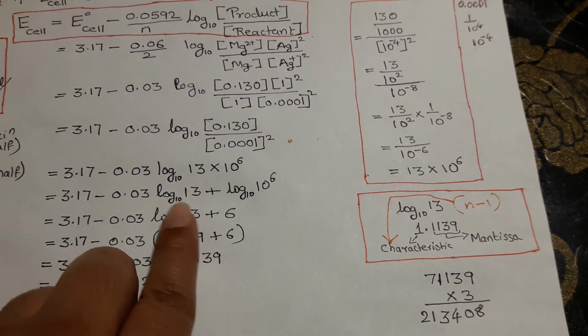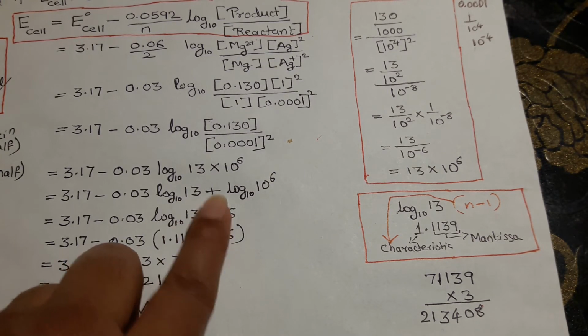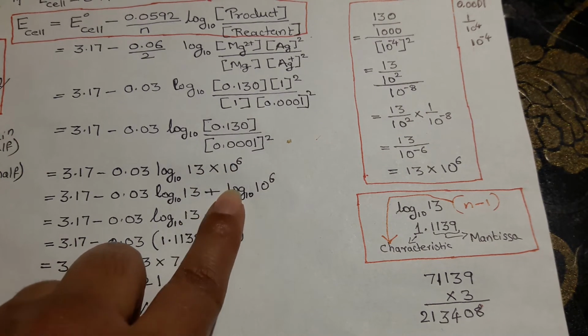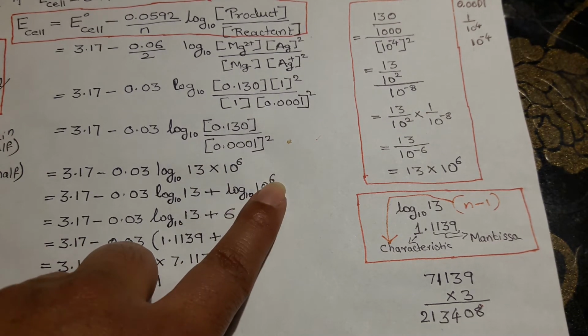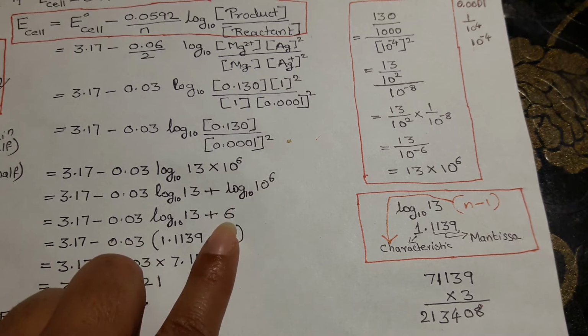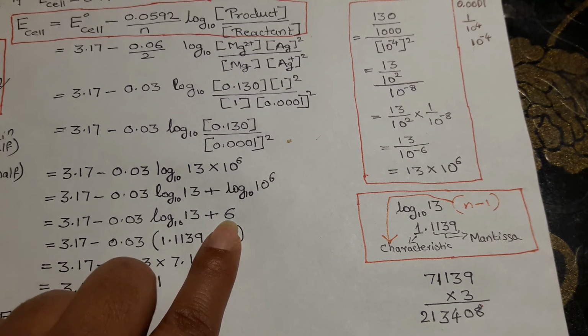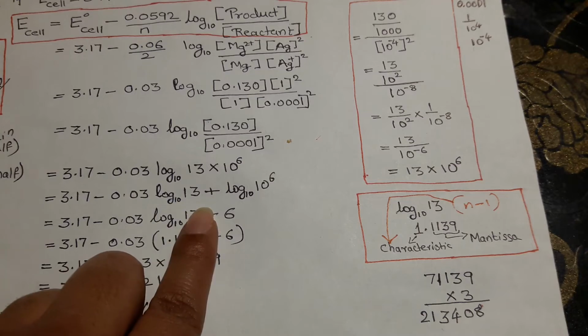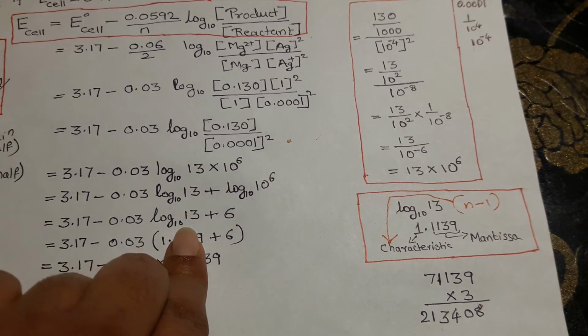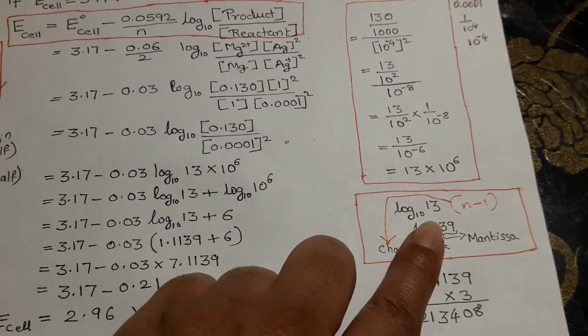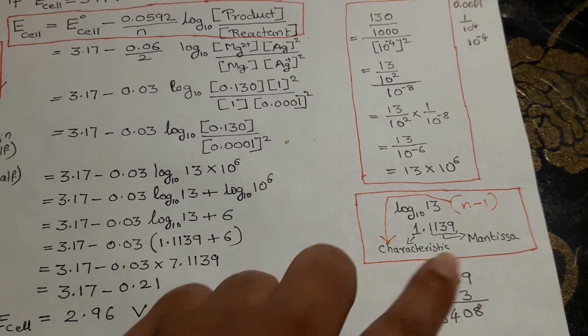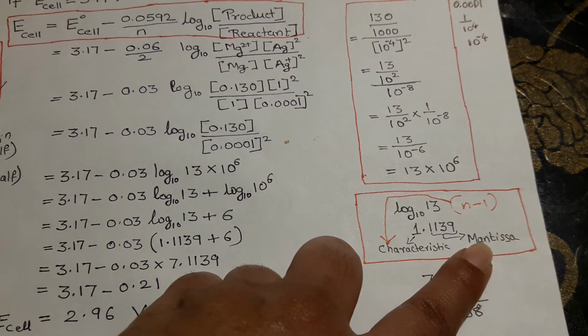We write it as log of 13 plus log of 10 raised to 6. Log of 10 raised to 6, we know that the answer is going to be 6. Whatever is the power that will be written here, the same will be written as the log of that number. In the same way, for log of 13 we need to use the log table, where we write the characteristic and find the mantissa.